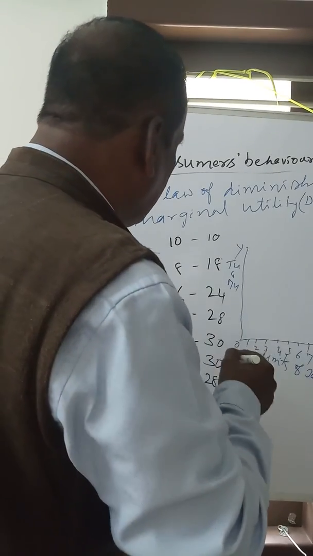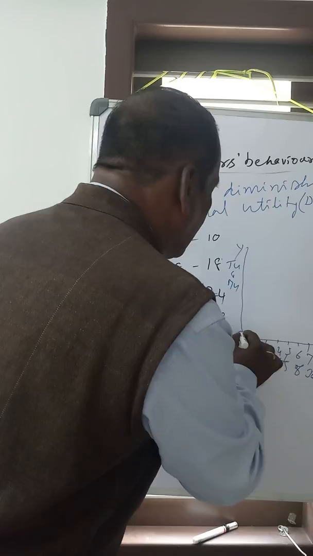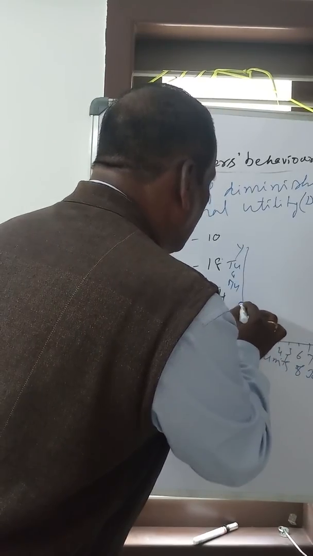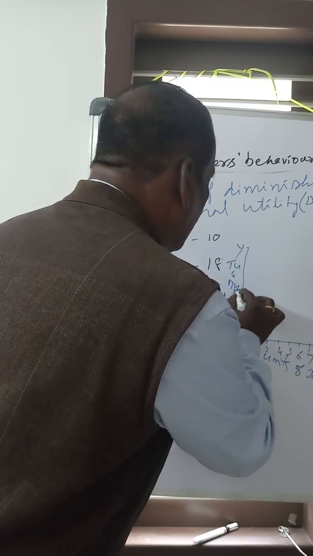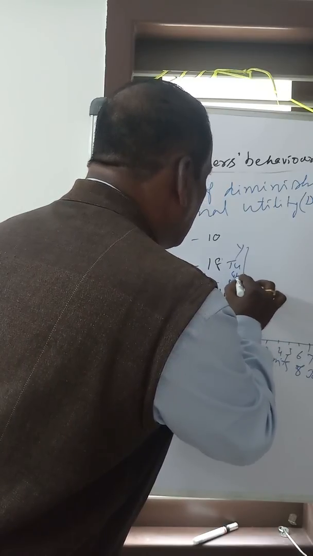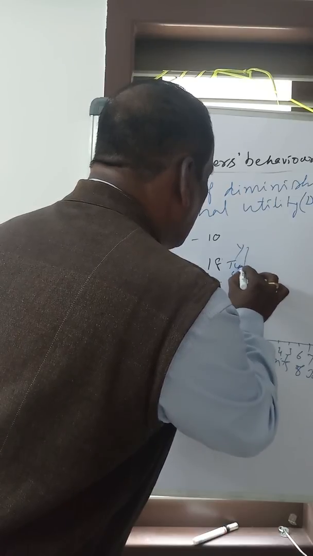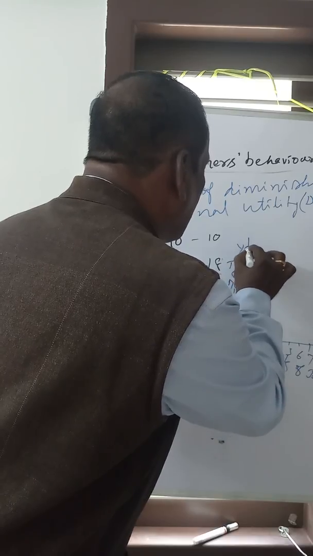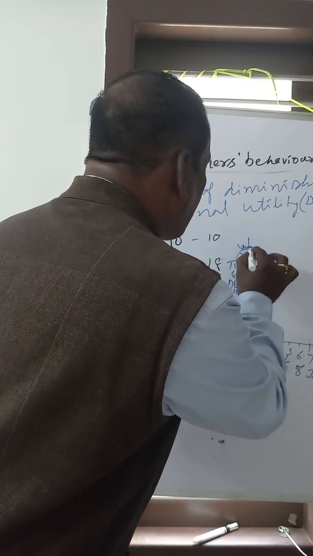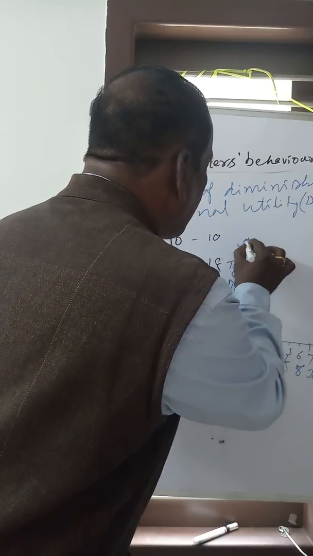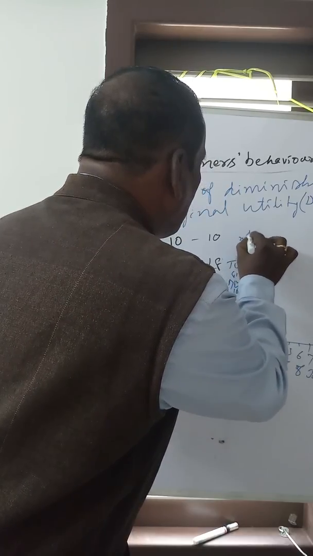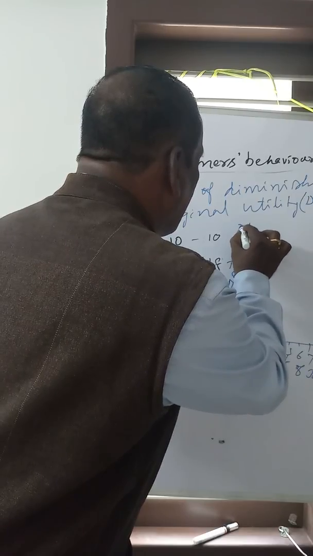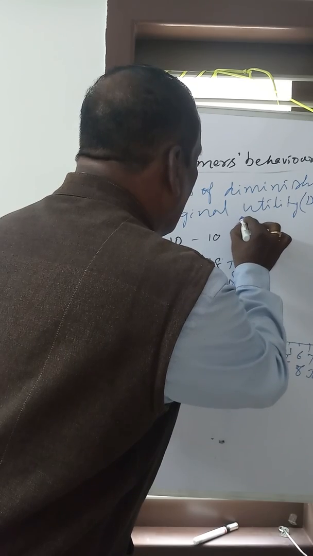Now utility: 2, 4, 6, 8, 10, 12, 14, 16, 18, 20, 22, 24, 26, 28 and 30.